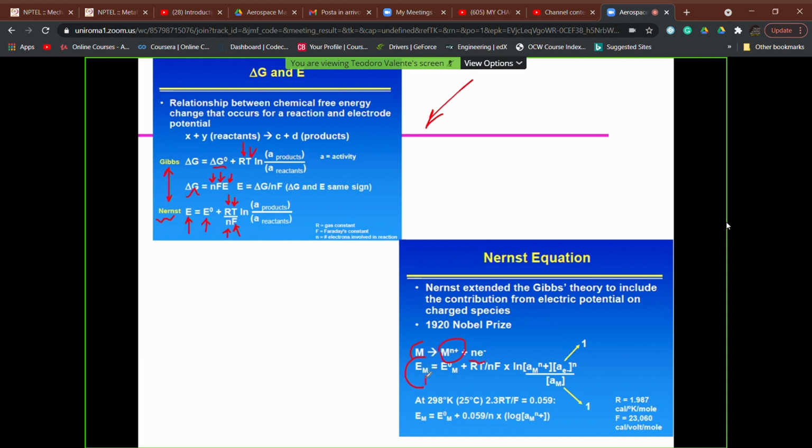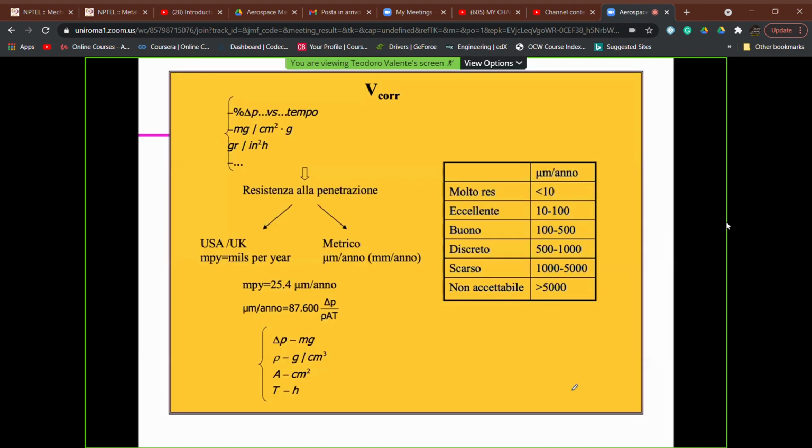This potential, the Nernst equation, remember, very important, he also had the Nobel Prize, is equal to the potential in standard conditions plus the same terms that we have seen before, but just replacing the activity concept with a concentration concept, which can be, in some cases, equal to 1 if they are referred, for example, to solid materials, or to gases, which are in standard conditions.